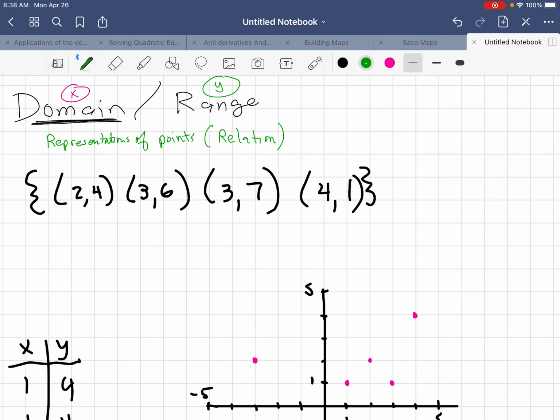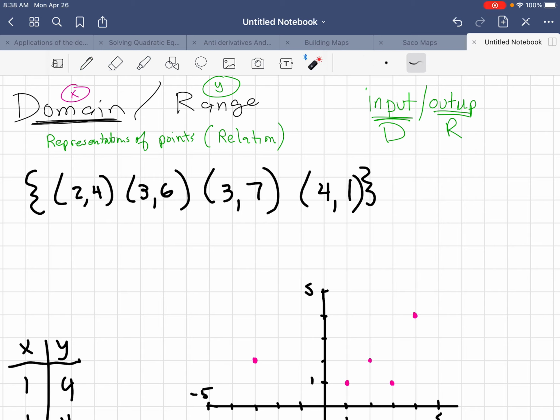Another way to think about this is input and output. Okay, the input is your domain, output is your range. So is it the input or the output?